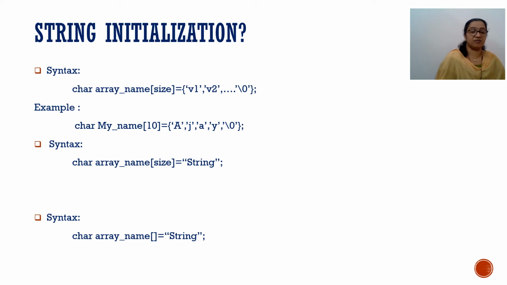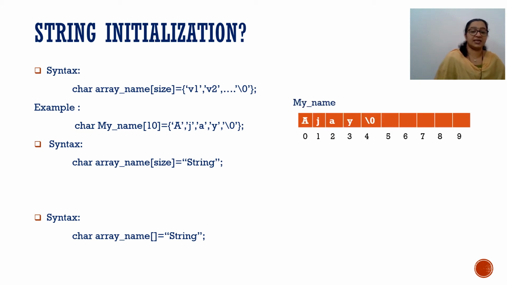After the execution of this statement, we'll get it like this. See, the array name is my name, and each letter is assigned at 0, 1, 2, 3 accordingly. Then the last letter is backslash 0. Got it? This is one method of initialization.